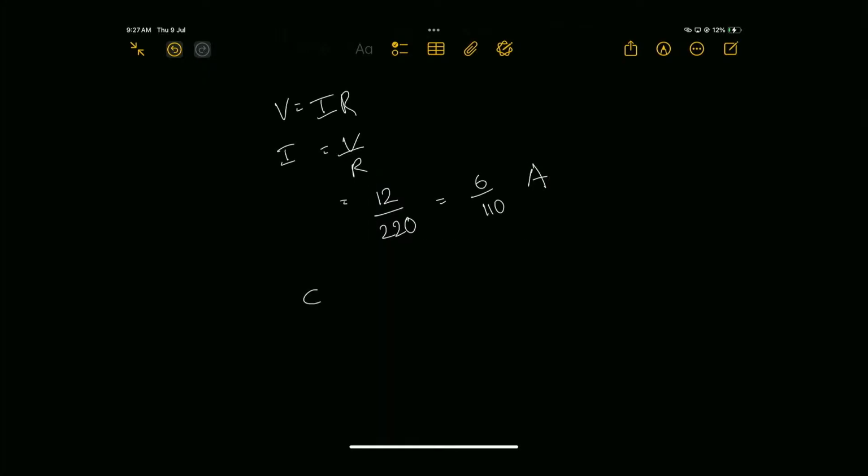We can also write C is equal to Q over V. Calculate the capacitance of a parallel plate capacitor given that the distance between the plates is 10 centimeters, the area of each plate is 15 centimeters squared, and the voltage across the plates is 5 volts.